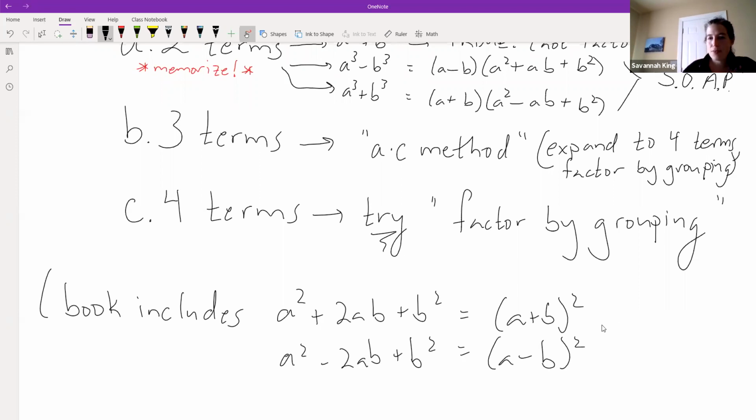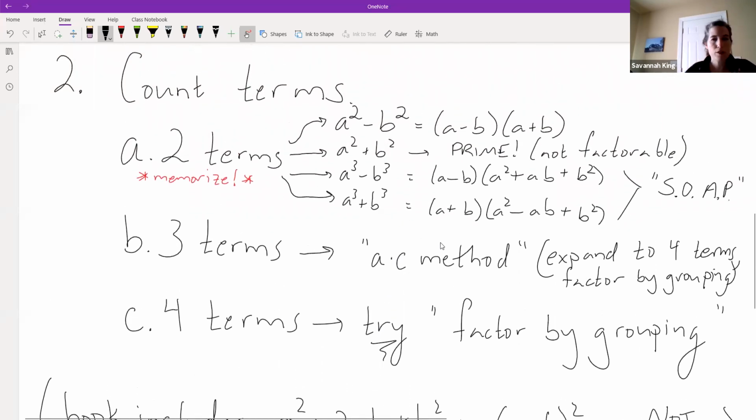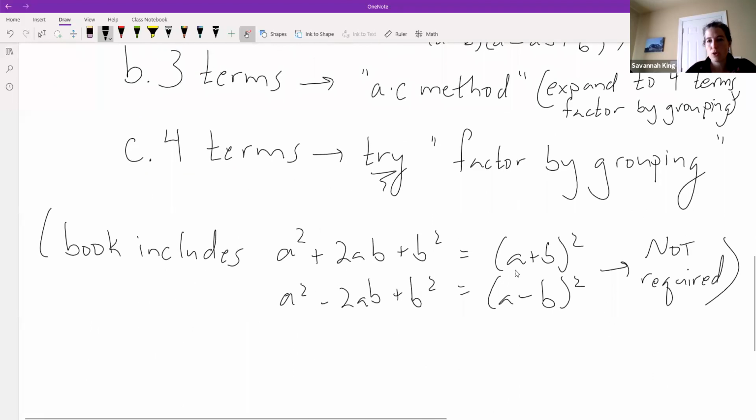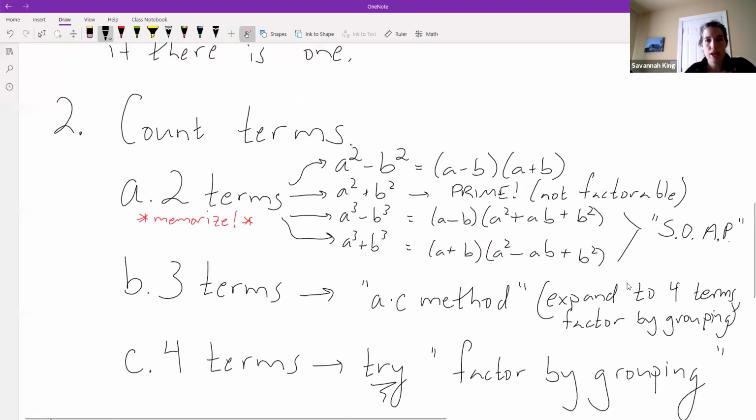But that is not only not required by me, it's not even recommended by me, because it just adds to your memorization burden. So if you go to page 343 and try to work some problems and track along with what they do, compared to what I do, the bulk of it is the same. They just lay a little more of a memorization burden on you. So that's about all there is to that.